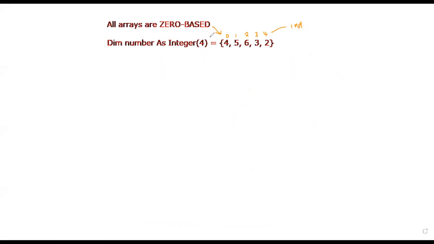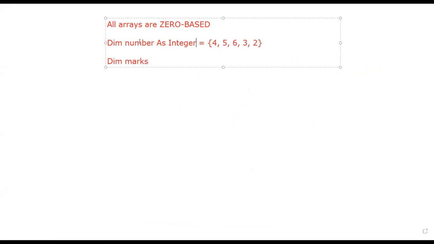Okay, so let's use this same example, then introduce another array, and let's say dim max. Sorry, this is supposed to be here. So dim max, say 2 integers.